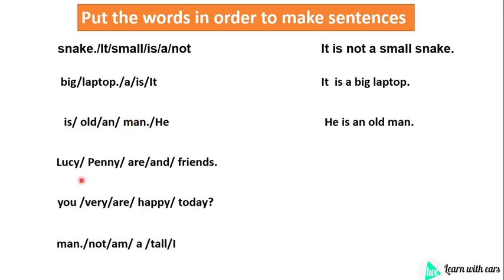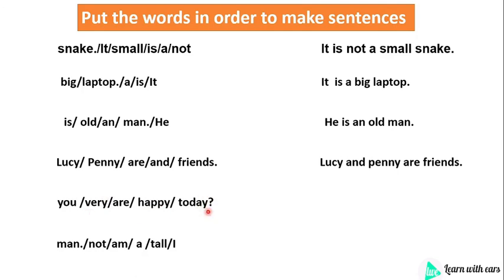Now next, Lucy, Penny, are and friends. So there are two subjects, plural. So we use Lucy and Penny are friends. Okay. Now next is you very are happy today.